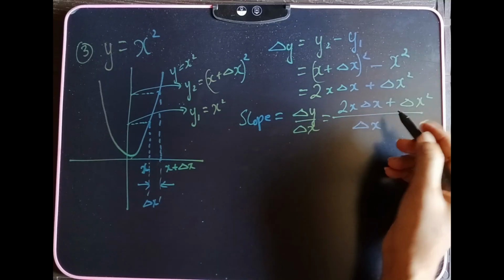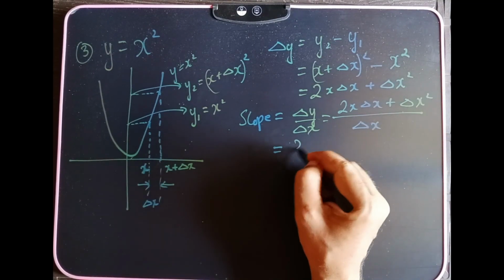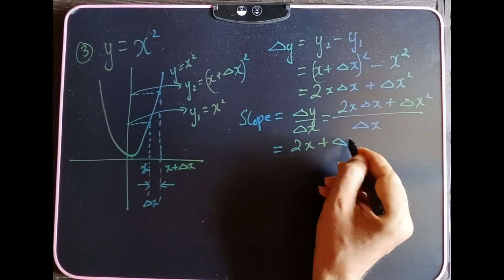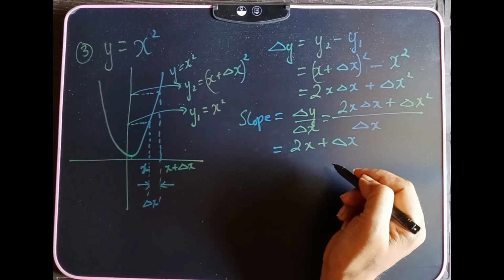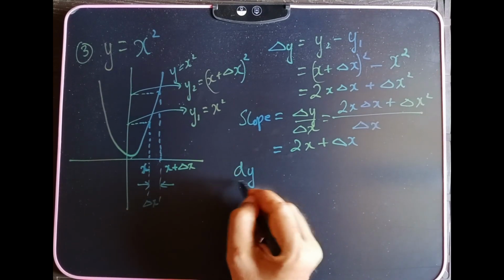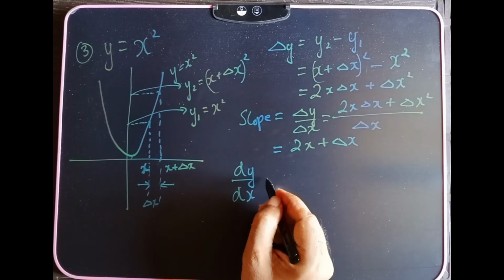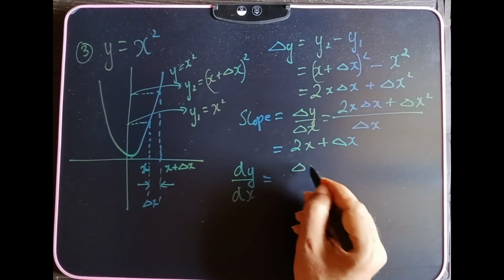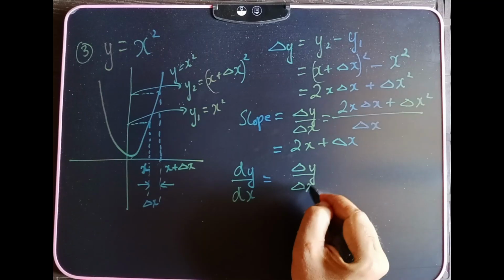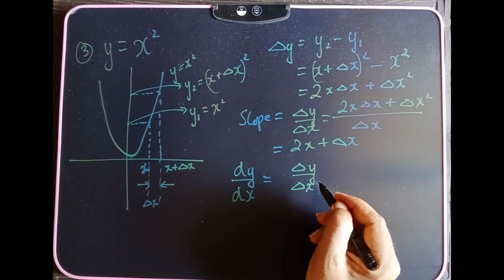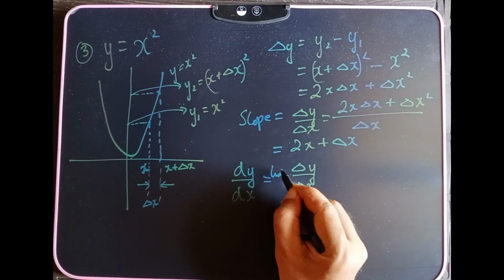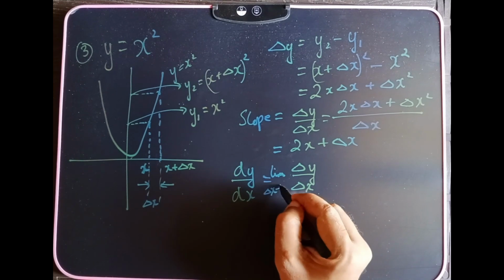Delta x will come out common, so you will get 2x plus delta x. Now the derivative is this slope when delta x tends to 0.